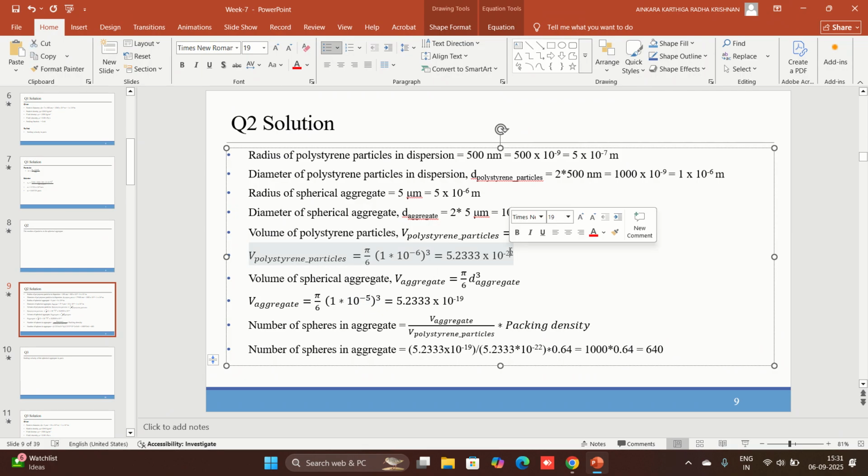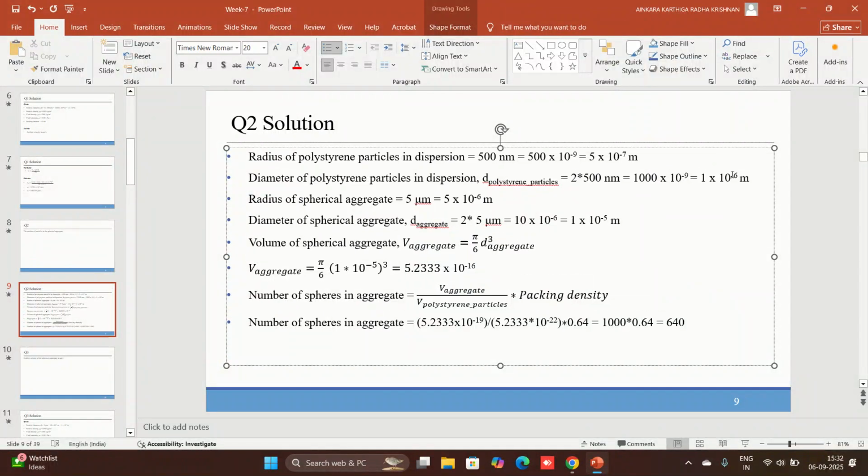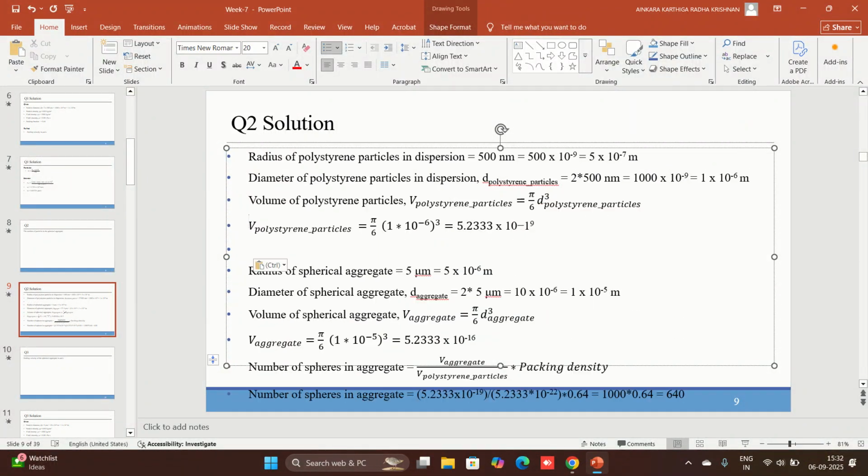So it doesn't matter, only here the power changes. So it will be minus 19 and here it will be minus 16. I'll put it here.